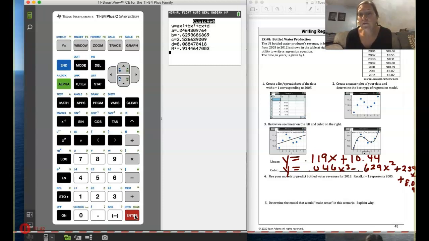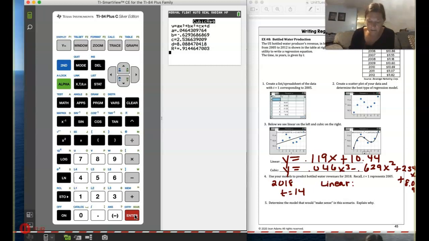So now we're going to use our models to predict water revenues for 2018. Remember, T equals 1 for 2005, so to get to 2018, T is going to be 14. I would hope that everybody could figure out that equation by plugging it in, right?